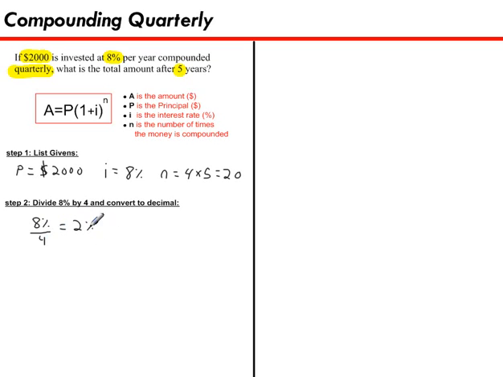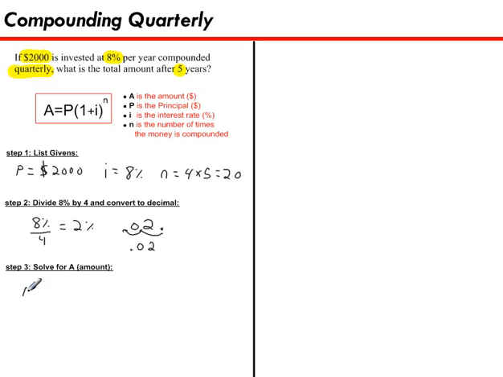The next thing I need to do is convert this percent into decimal so I can use it in the formula. So to do that, I'll just write down the 2 without the percent sign, and then I'm going to shift a decimal point 2 places to the left, in effect dividing the number by 100. And I arrive at 0.02. So 2% converted to decimal is 0.02. And now we've done everything we need to do to go ahead and use our formula.